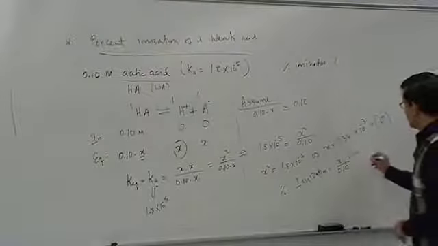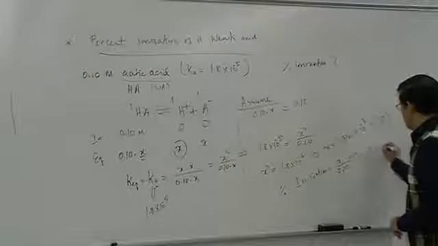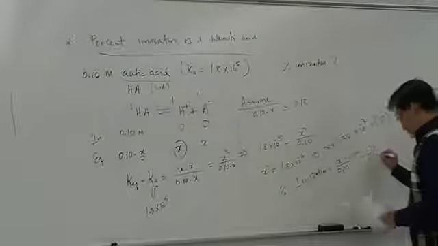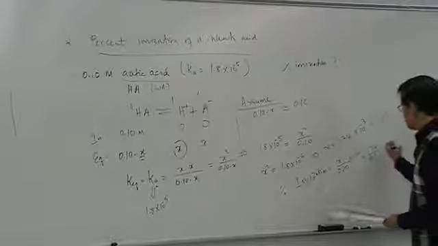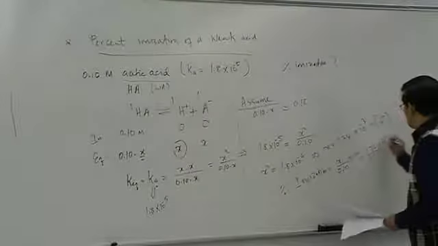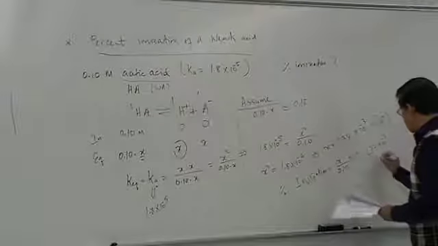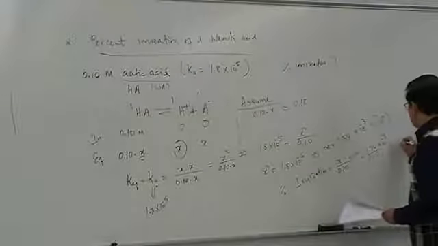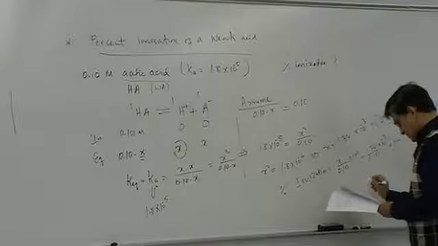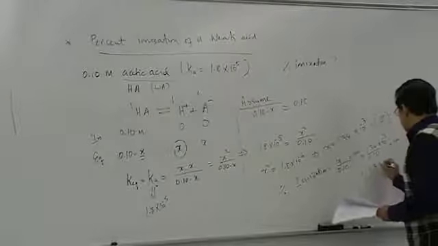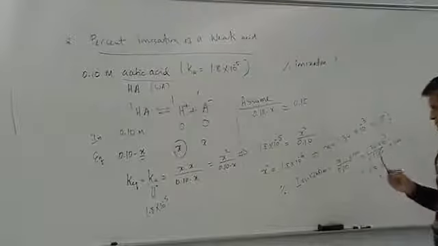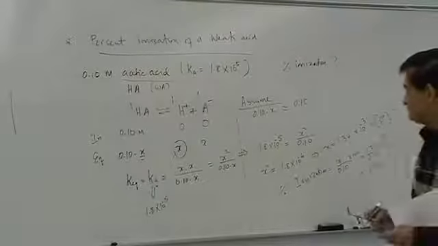The X value we got is 1.34 times 10 to the negative 3, divided by 0.10, times 100. I got 1.34%. Again, you should double check my numbers. It will be a good practice for you.